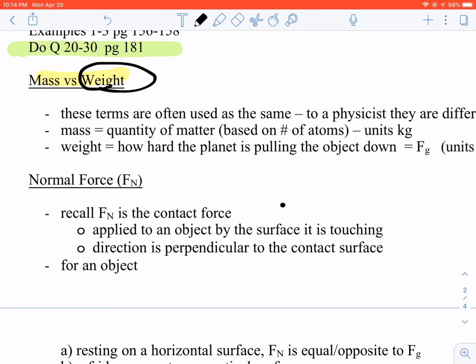If you asked a person who has a mass of 100 kilograms, what is your mass? They'd say, oh, my mass is 100 kilograms. But if I said to that same person, what is your weight?